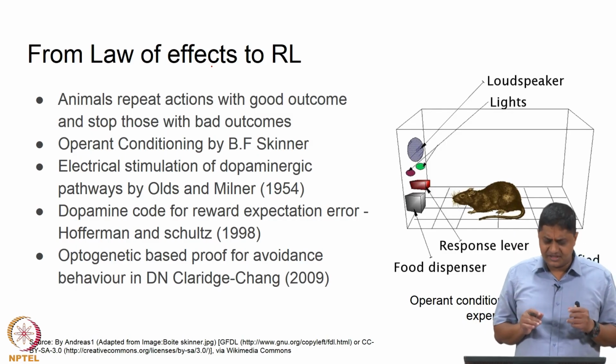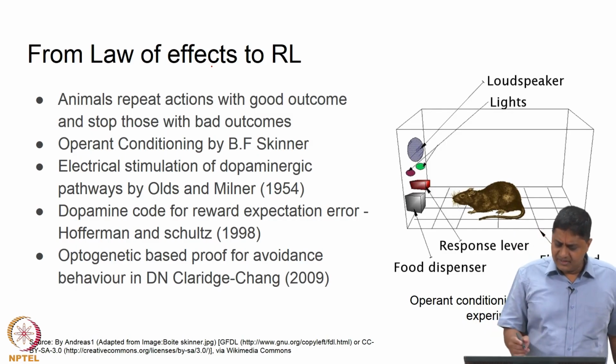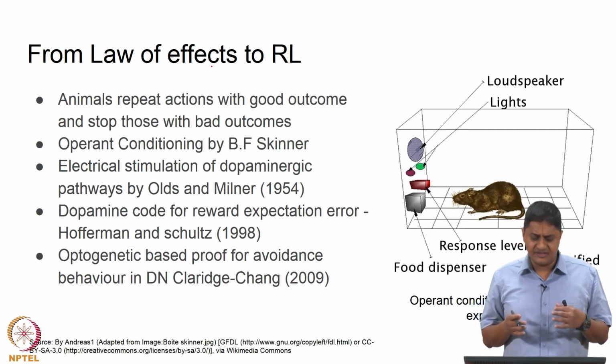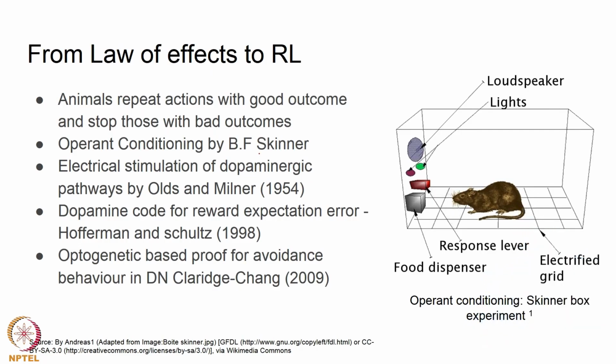These have been studied quite well by people who proposed theories such as Skinner's theory and other such theories. People have also electrically stimulated the dopaminergic pathways in animals, and they have found that it excites the animals in a very big way, and the responses are completely new and unexpected.